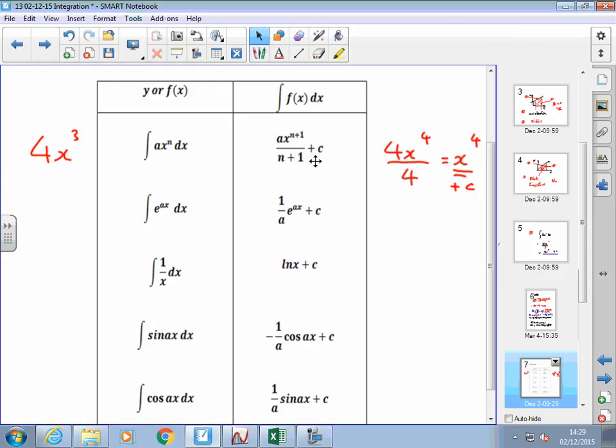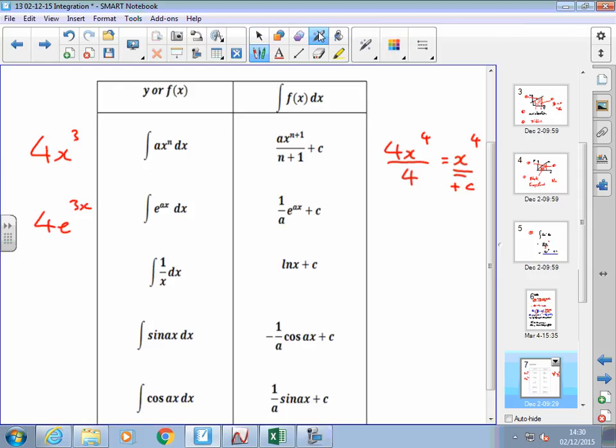If we look at the next example, e to the ax. So let's think of an example. There could be a number in front, but this isn't in the rule. So let's give an example where the number in the front is there. Say 4e to the 3x. So in this particular example, a is 3. What's the rule tell us?